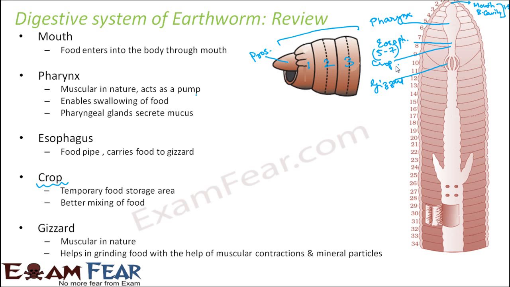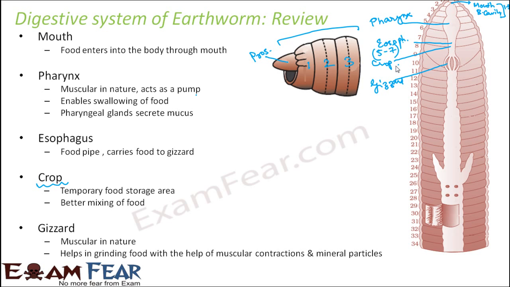Then comes the gizzard. Gizzard is again a muscular structure. Now in human beings, we have teeth to chew the food and make it softer, because whatever food we eat needs to be broken down into the simplest form. So for that, some grinding machine is needed. In human beings, it is teeth. But earthworm doesn't have teeth. So all that grinding of food happens in the gizzard.